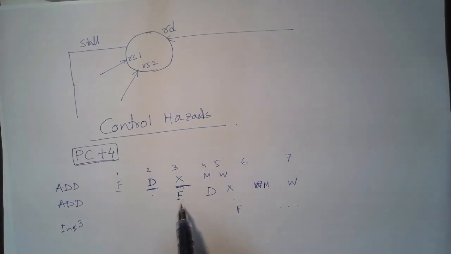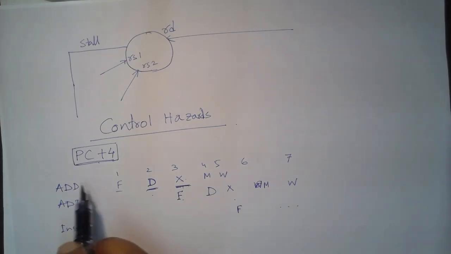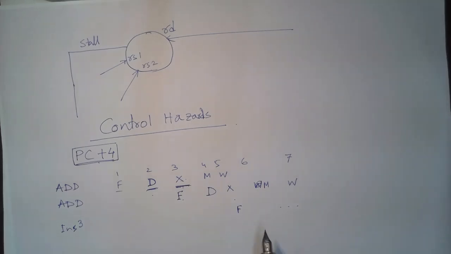So one way to address this performance issue is to start speculating. You speculate that your next instruction will be PC plus 4, and with this speculation you start fetching new instructions and start executing them.